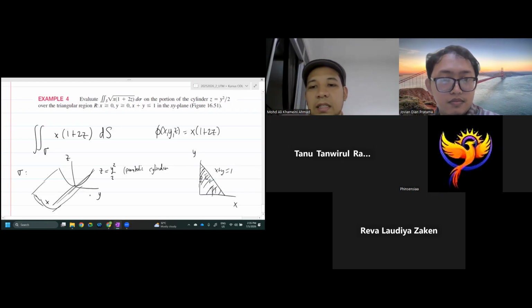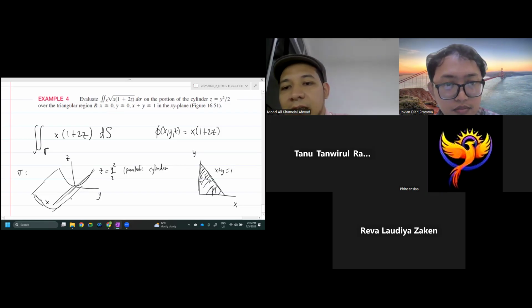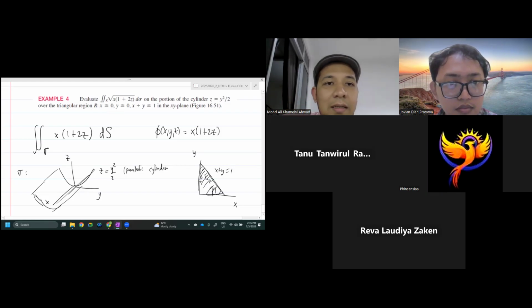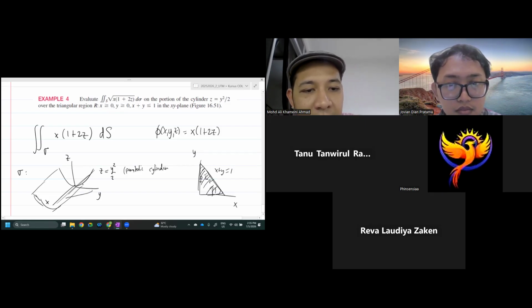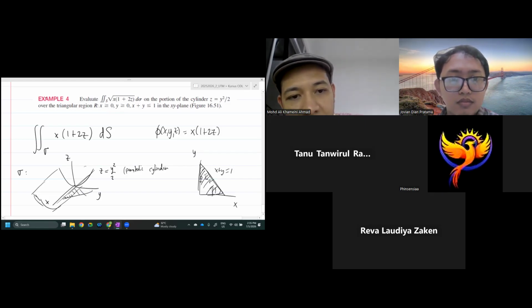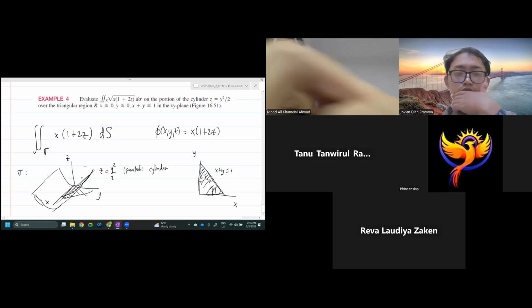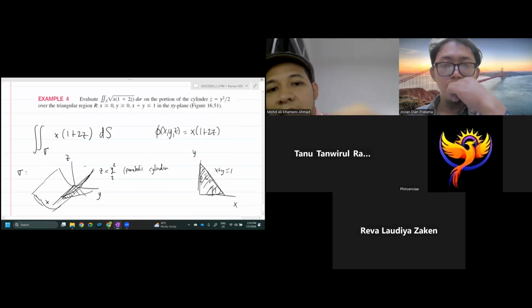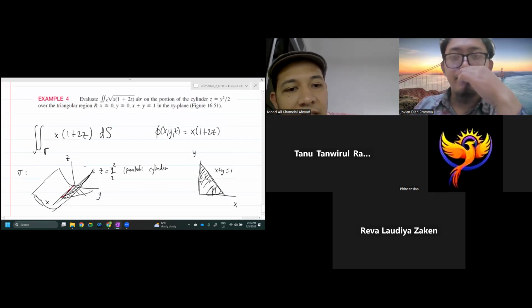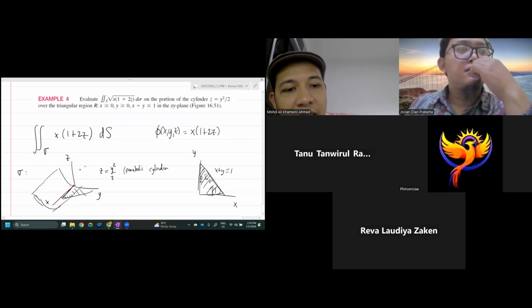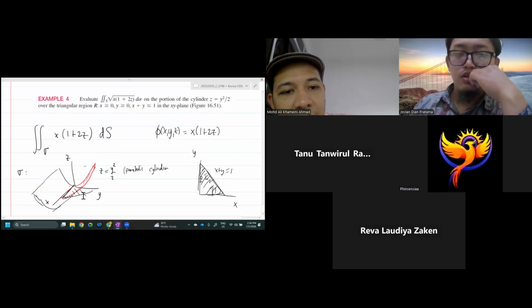So you have this triangular shape, as mentioned. Then the parabolic cylinder, we cut something like this. Maybe I use color. So our surface is just this thing. This is our surface.